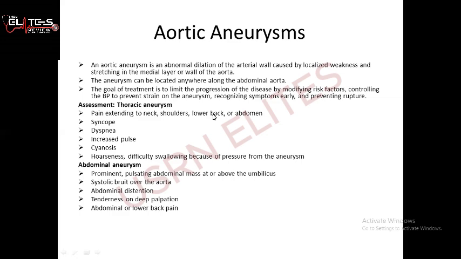Okay. And so even though an aneurysm can happen at any part of the aorta, most often aneurysms happen in the abdomen and the thorax, so the thoracic region. That means the aorta located around the thoracic region and the abdominal region is mostly where you tend to have aneurysms happening a lot.